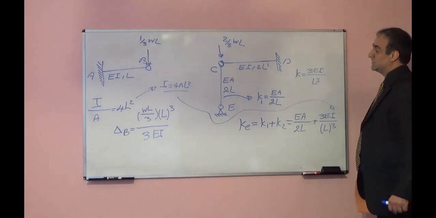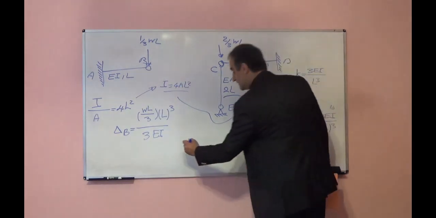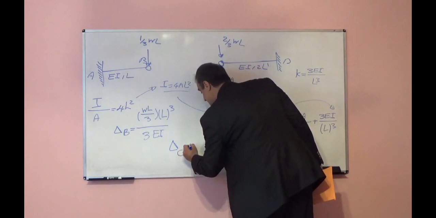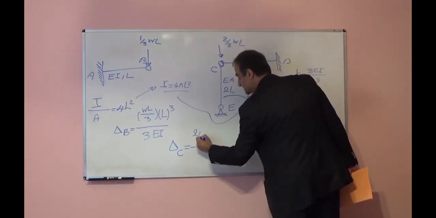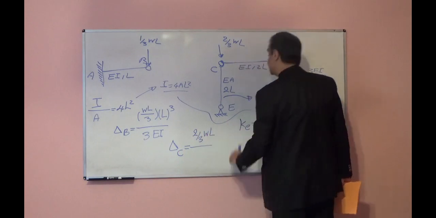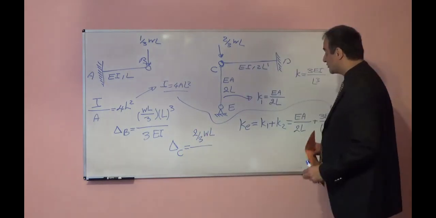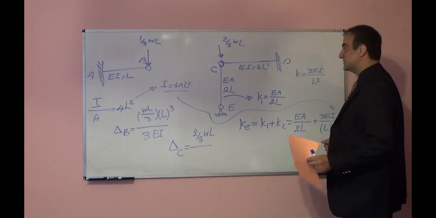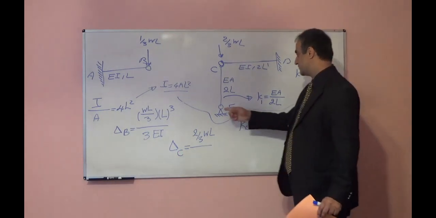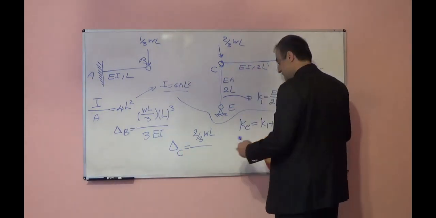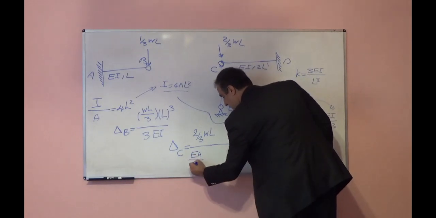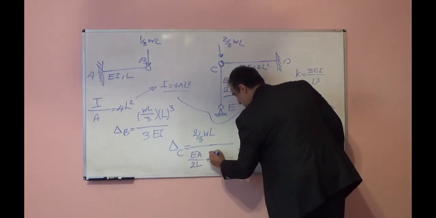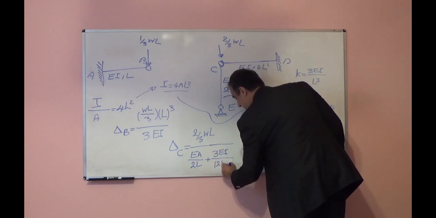From here, the delta C, the deformation at point C, will be the total load, which is 2 over 3 WL, divided by total stiffness. Total stiffness means the equivalent stiffness for this member and this member, which is EA over 2L plus 3EI over 2L cube.